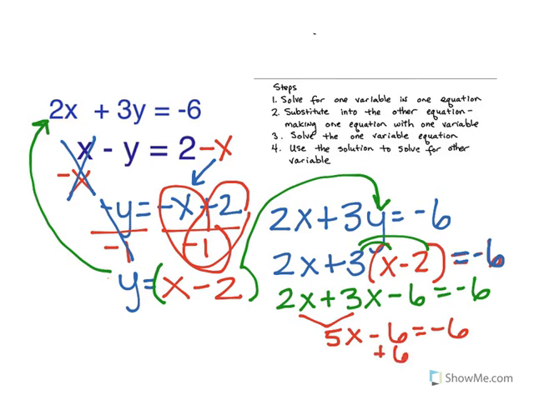We're going to add 6 to both sides to isolate the x. So we're left with 5x equals 0 because negative 6 plus 6 equals 0. We divide by 5. And x is going to equal 0.